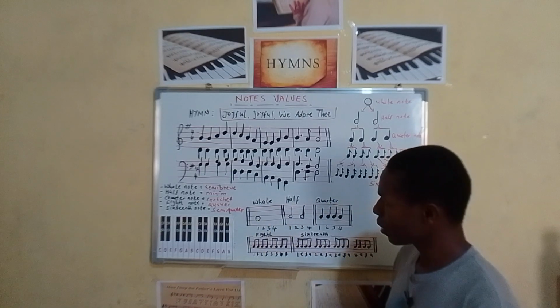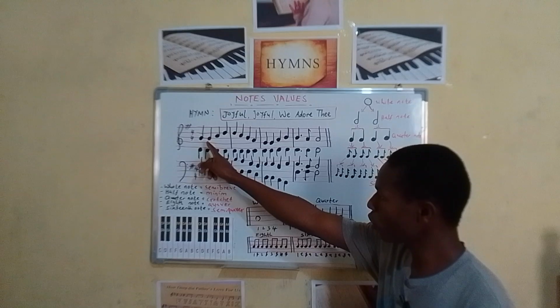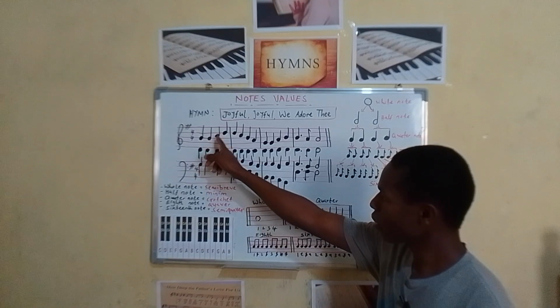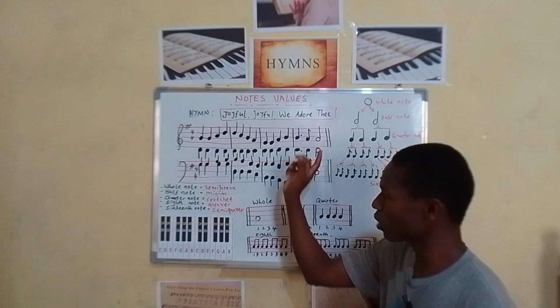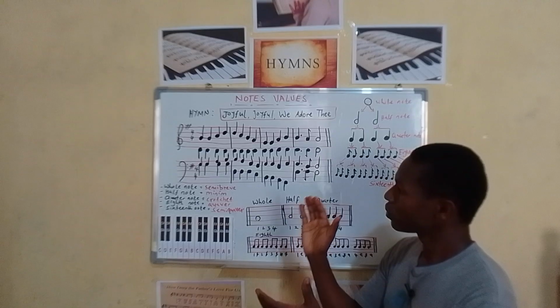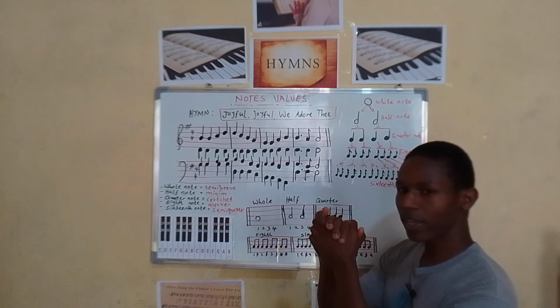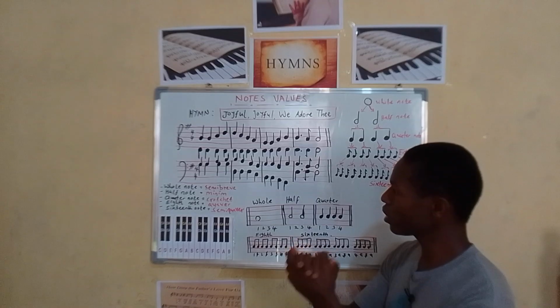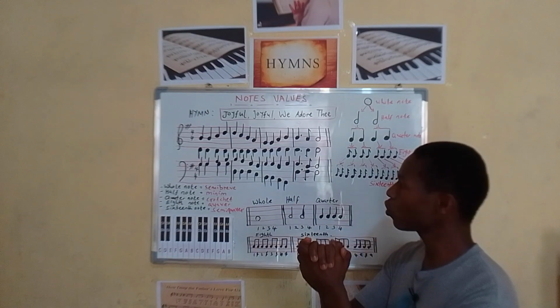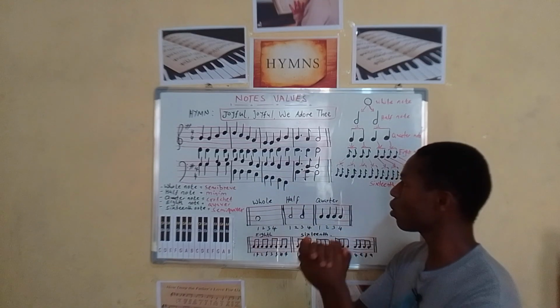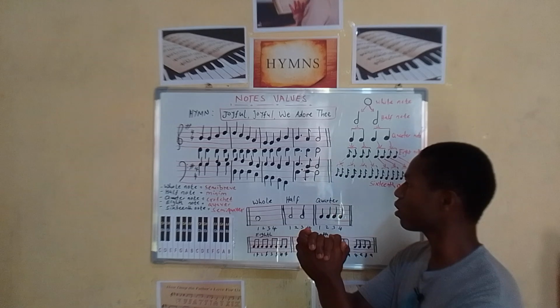For example, if we are to clap for a whole note in this bar, for this phrase, it will go like this: Joyful, joyful, we adore thee, God of glory, God of love.